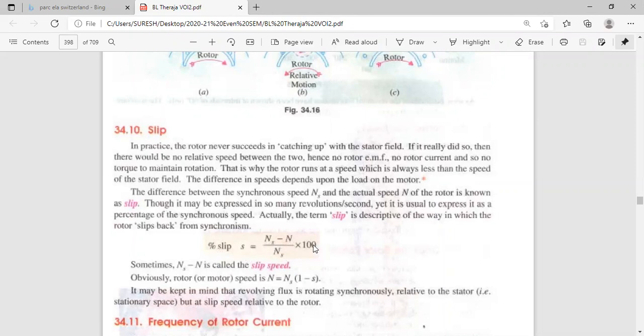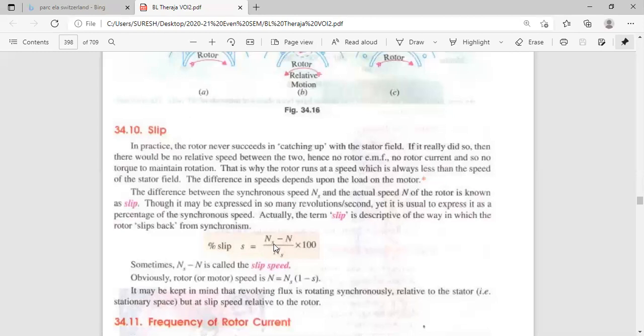Percentage slip means multiply with 100. Slip formula is Ns minus N by Ns. If you take percentage slip, we have to multiply with 100. Write down this formula for slip. Why is the slip concept coming here?